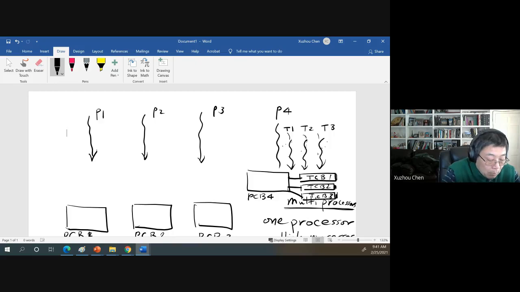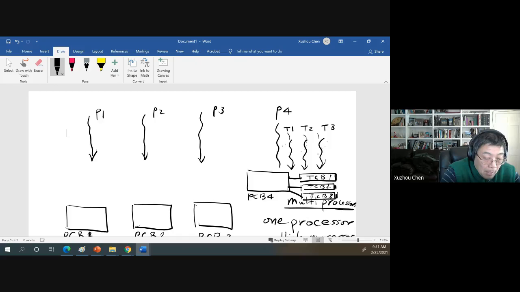Now for the kernel thread, the CPU scheduler is able to allocate each of the threads. So the operating system is aware of these multiple threads.